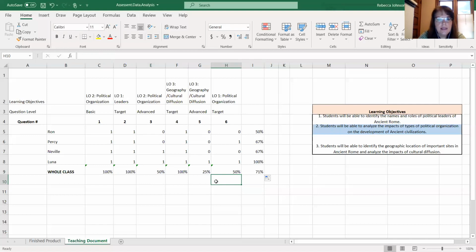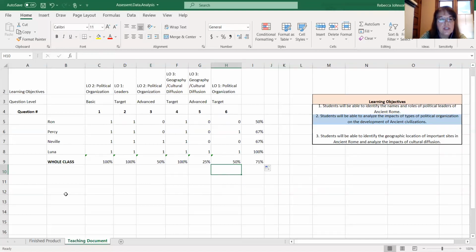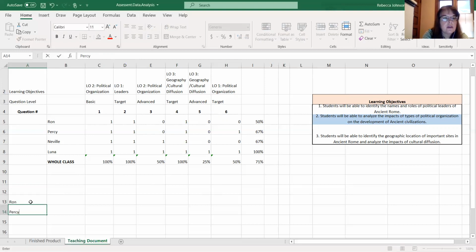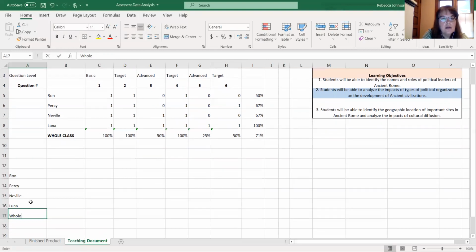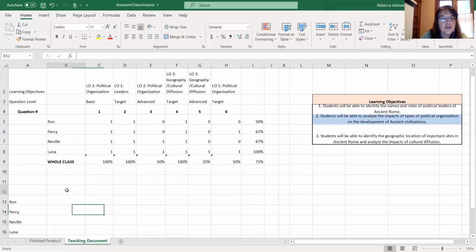All right, so that's my first step. But now maybe I want to look at these in terms of basic, target, and advanced, and political organization, leaders, and geography. So I'm going to take my students here, and I'm going to simplify all those learning objectives into one.